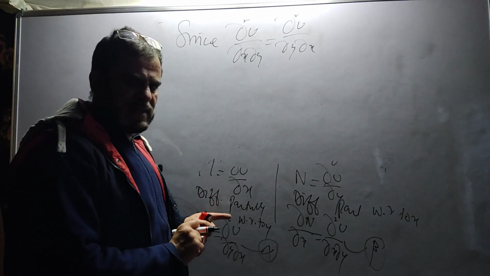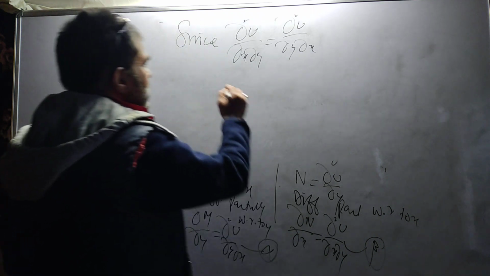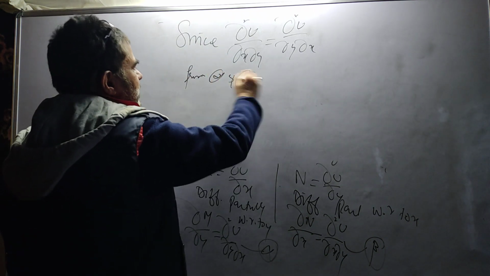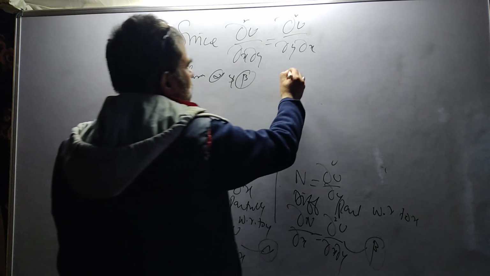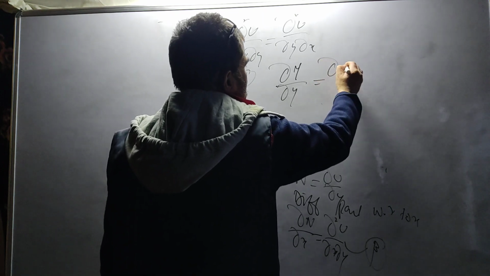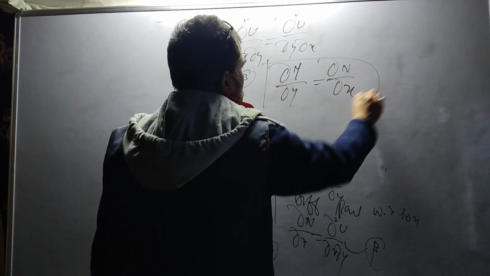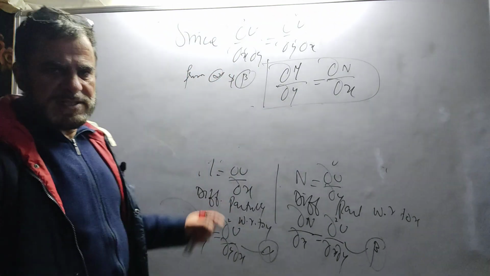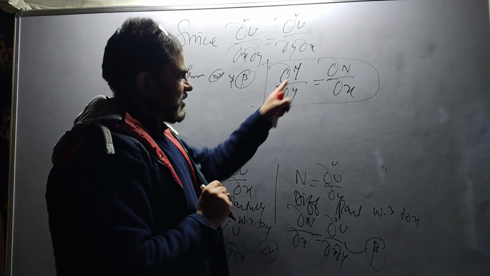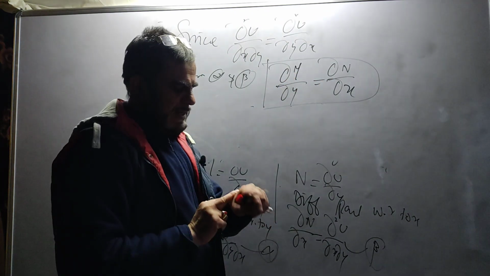Those conditions are already satisfied here. So from alpha and beta, partial derivative of M with respect to y is partial derivative of N with respect to x. So we have proved that when the given differential equation is exact, it satisfies this condition.